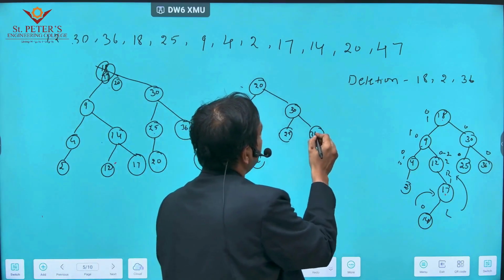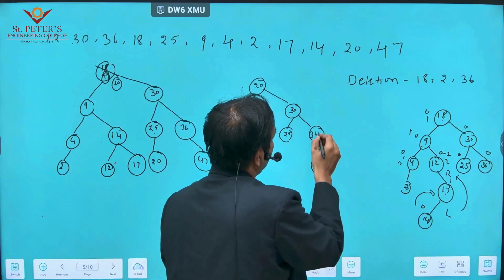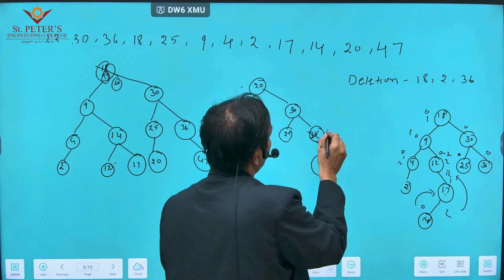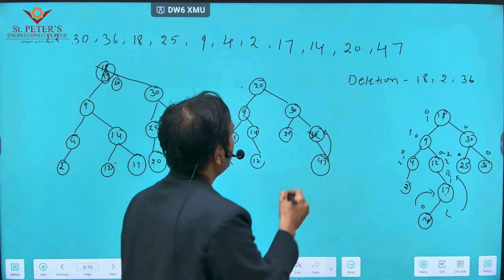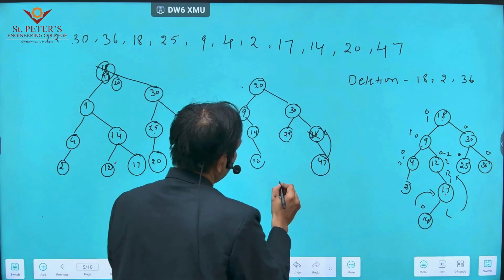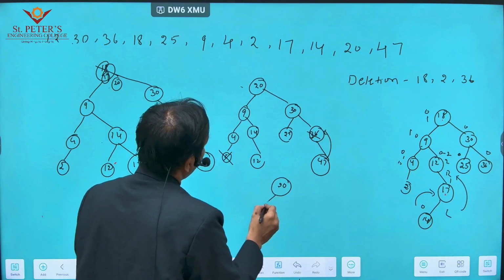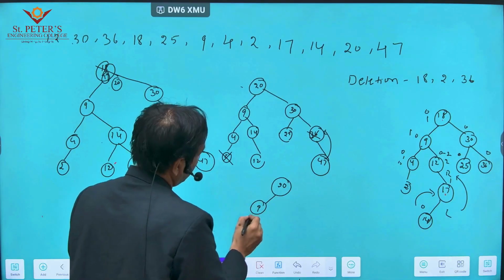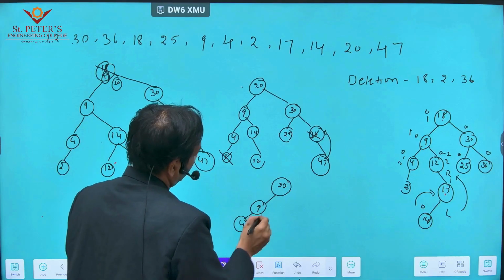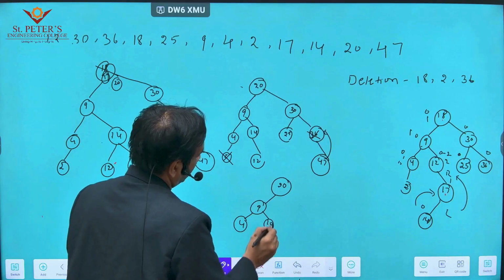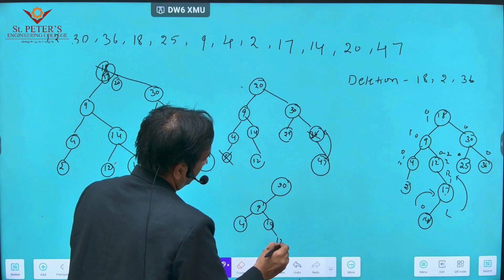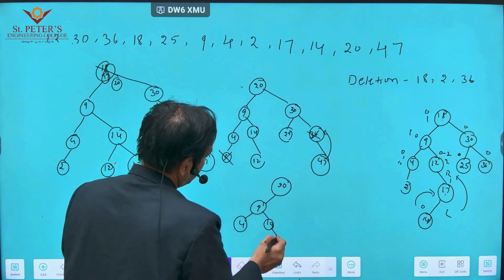Here it contains one child node, so this child node will be moved to the corresponding position. So finally we get the elements 20, 9, 4, 14. After that the left hand child is 12.